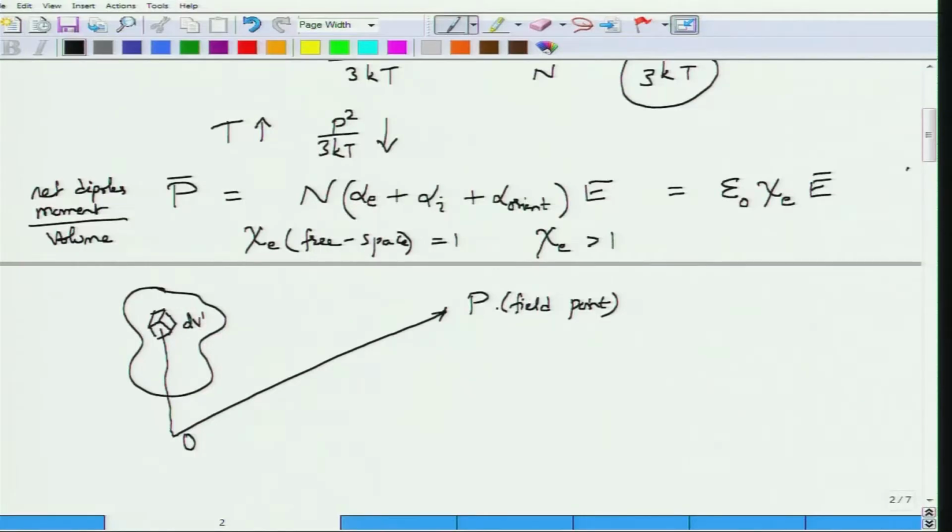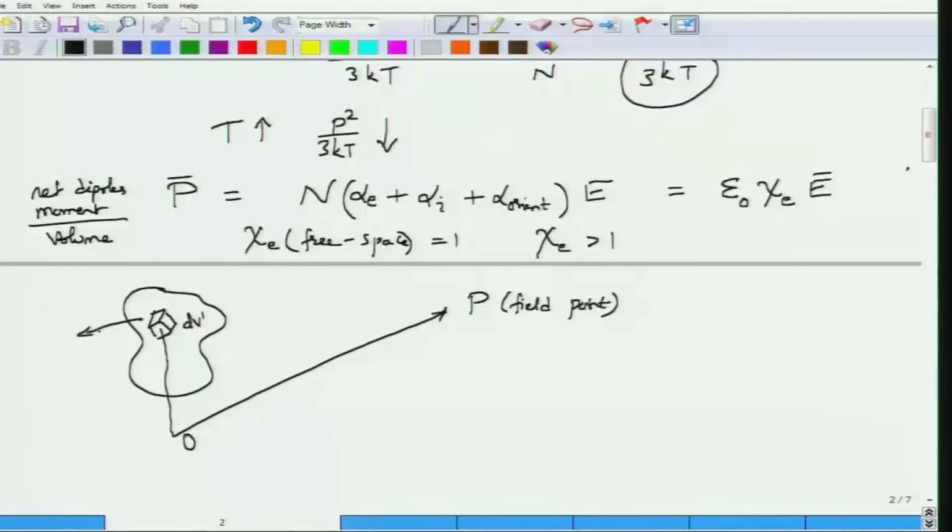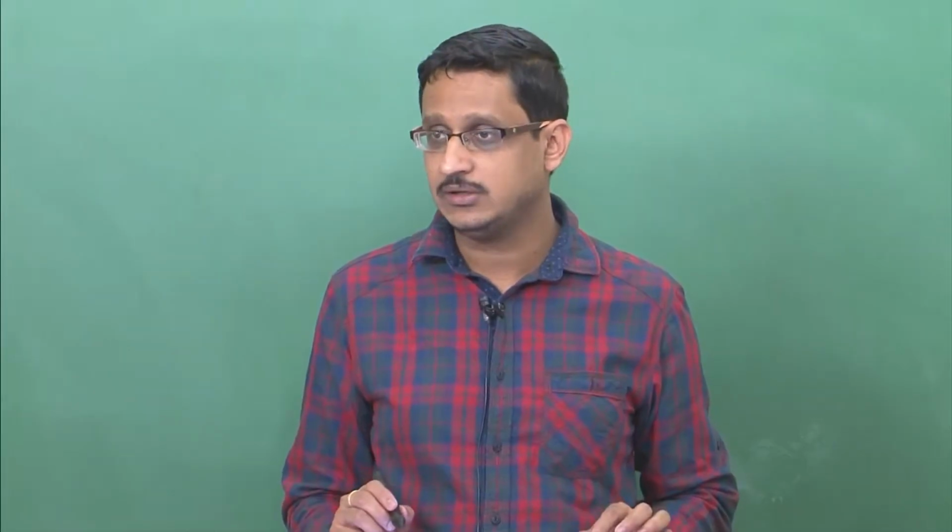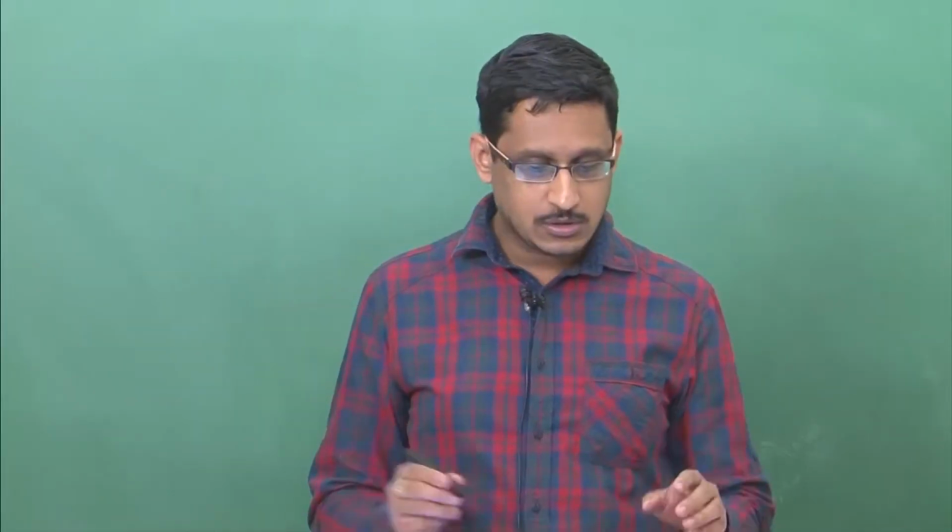We want to calculate the potential at the field point P because of the dipoles inside this volume. After we have calculated the potential, we will then calculate the electric field. So how do we do that?